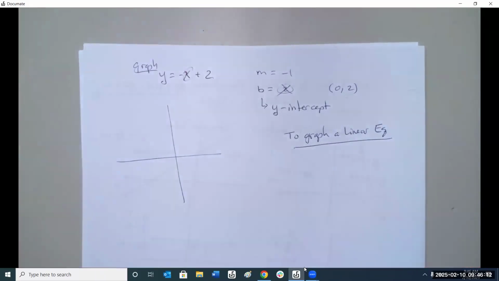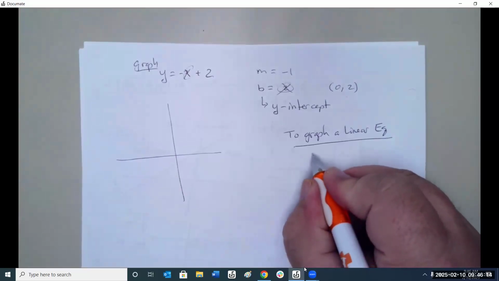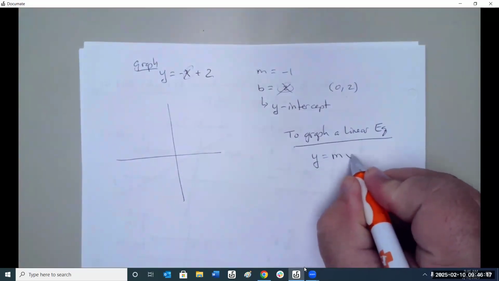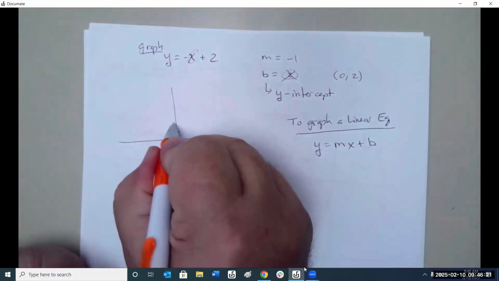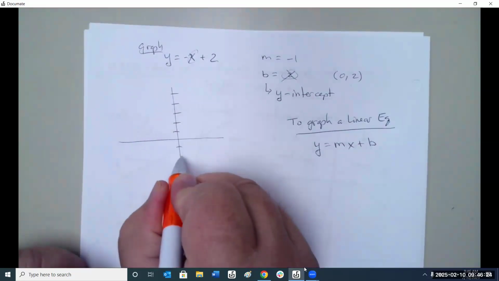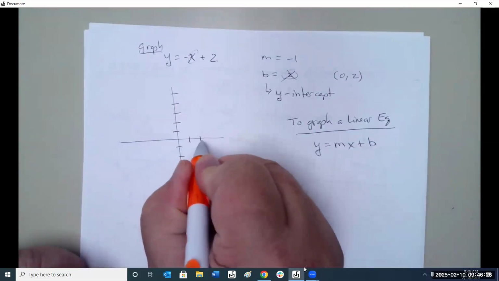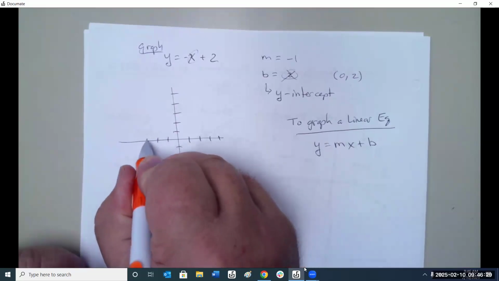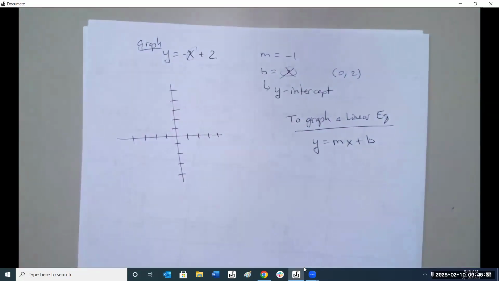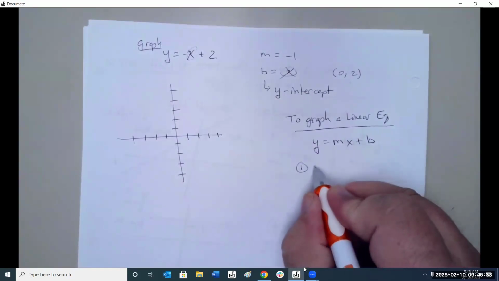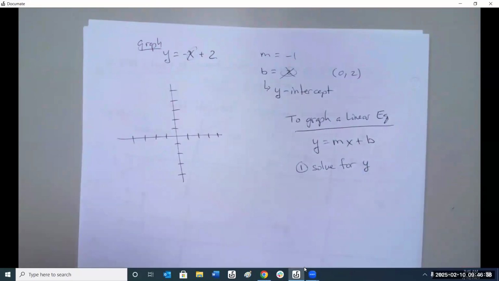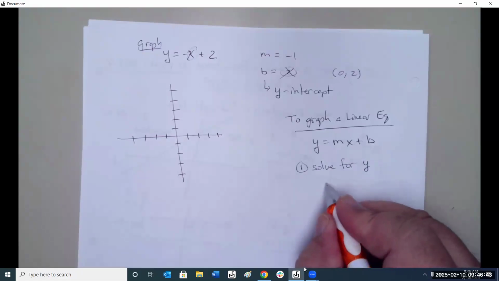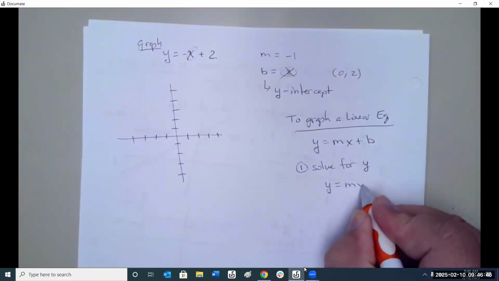To graph a linear equation, y equals mx plus b. First step, solve for y. You have to have the y by itself. It has to be y equals mx plus b.